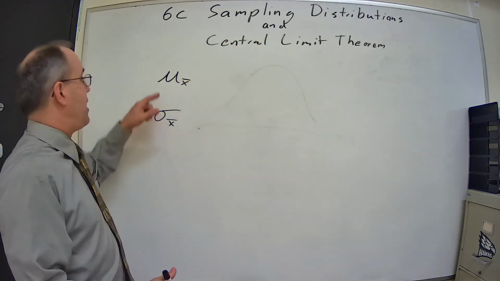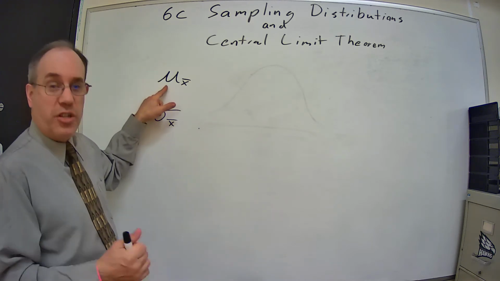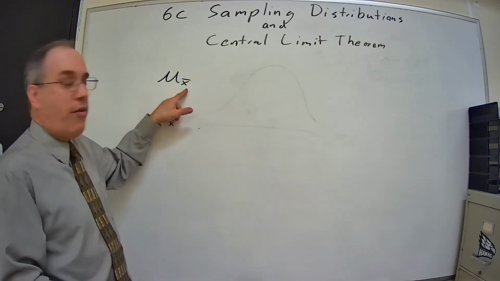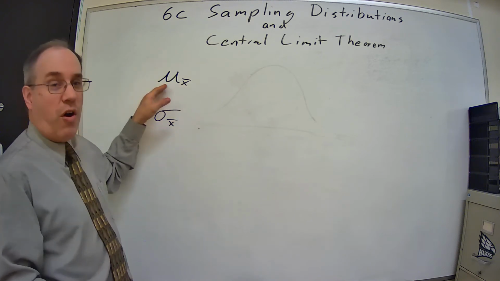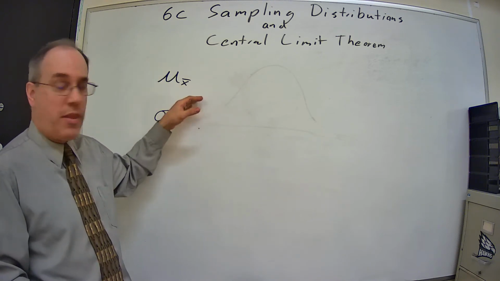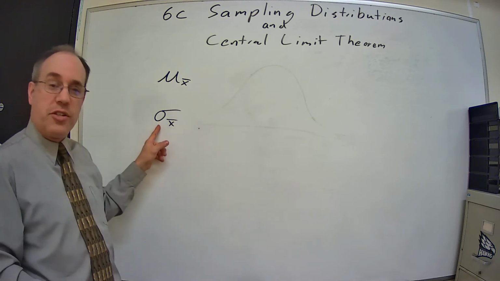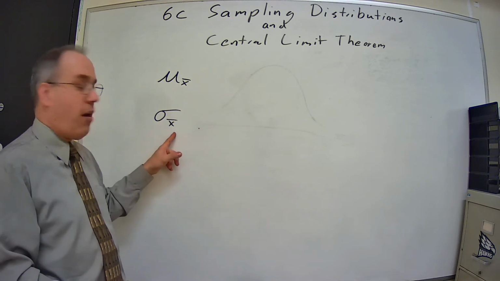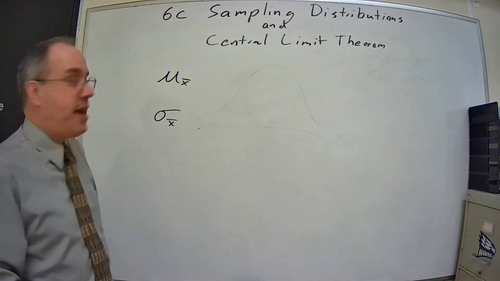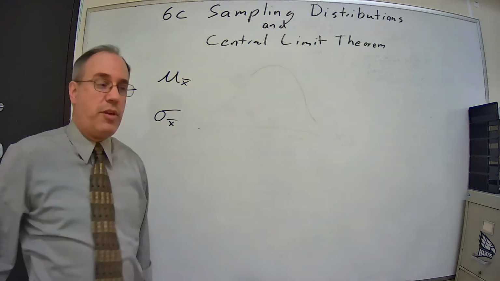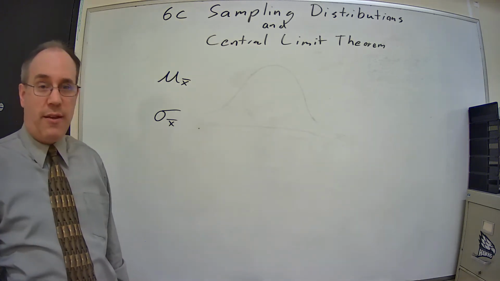And this would say, find the population mean of those sample means. So average all of the sample means. This says find the population standard deviation of those sample means. And as I said, this is where central limit theorem comes into play.